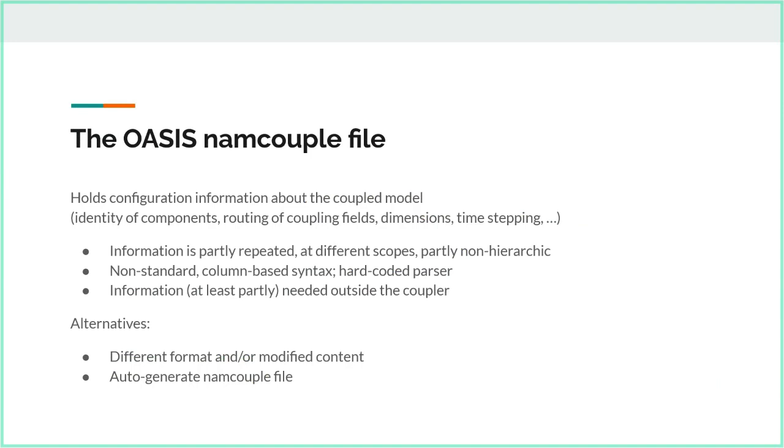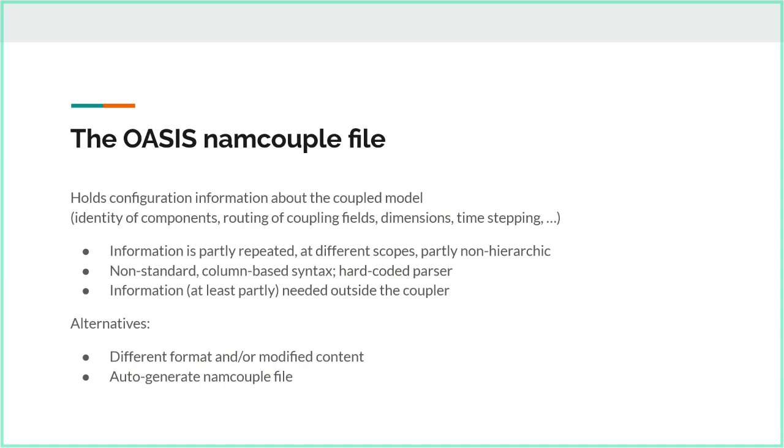But as we know, the information in the file is needed or originates in other parts of your workflow. If you have a coupled model with OASIS, then you need to start your executables. That's information that's also in the numcouple file.